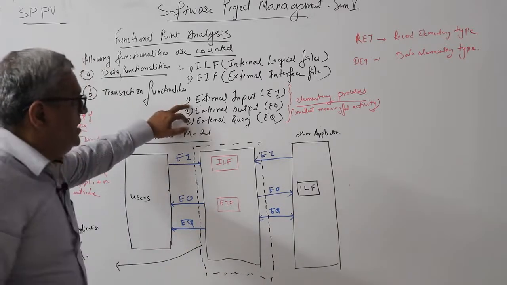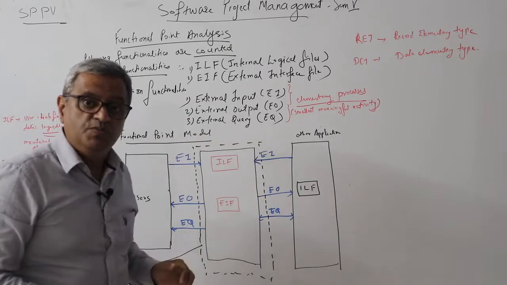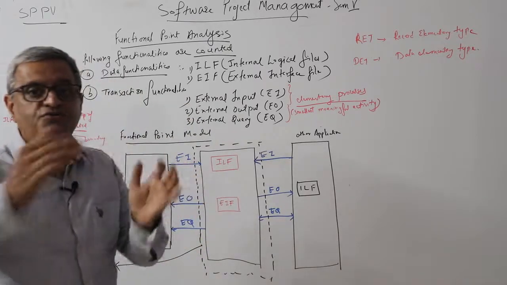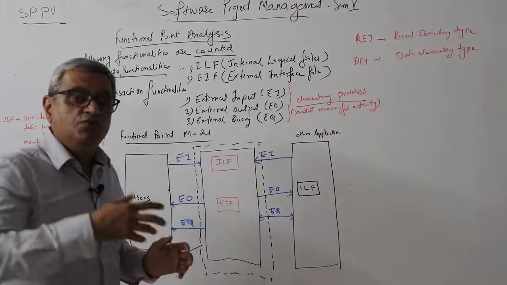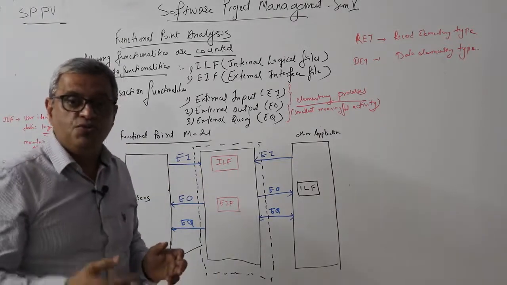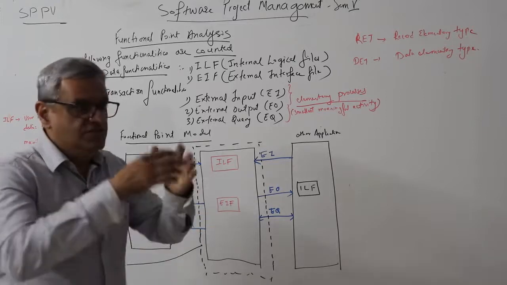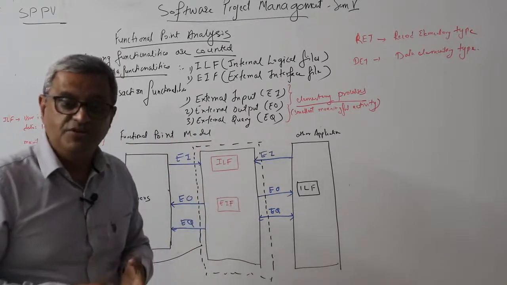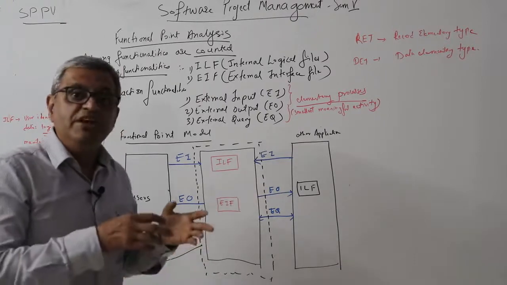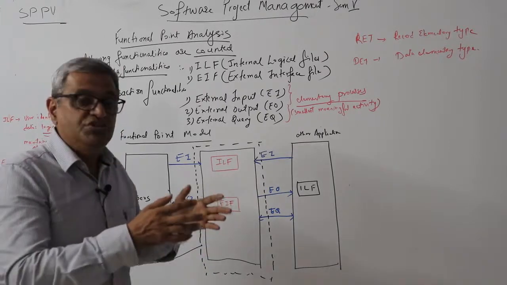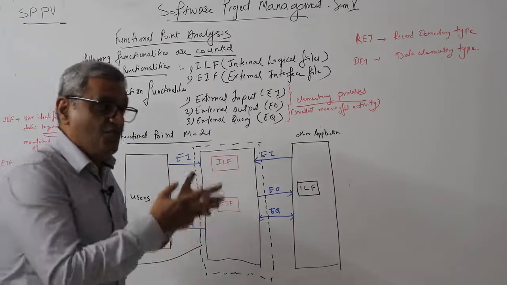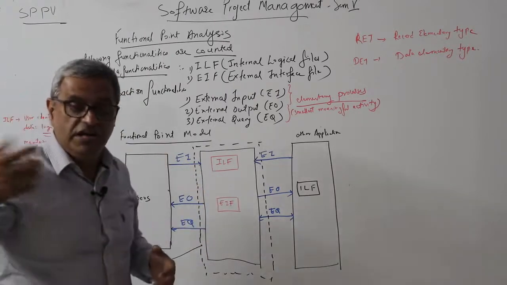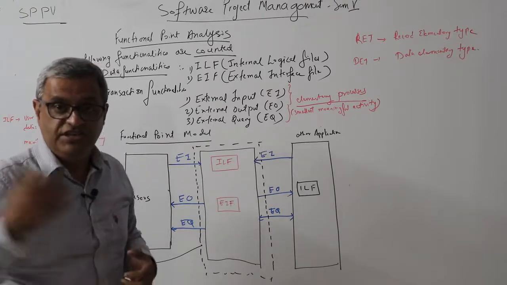External output is something which goes out of the boundary of the scope of the software. For example, a user would need external output in terms of reports. There might be files which get extracted from the existing software which would be sent to an external application.